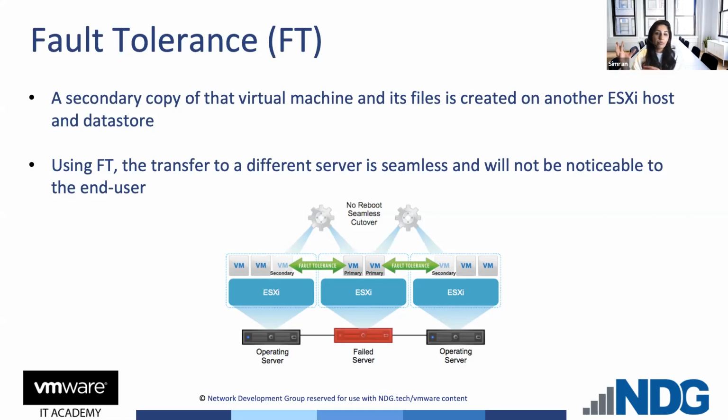It's not already running, it's basically taking snapshots of every state of that virtual machine as it goes, and it only restarts that virtual machine when it dies. So if a server fails and the virtual machine on top of it has not been able to survive the death of that server, then it would restart that virtual machine on a new server.